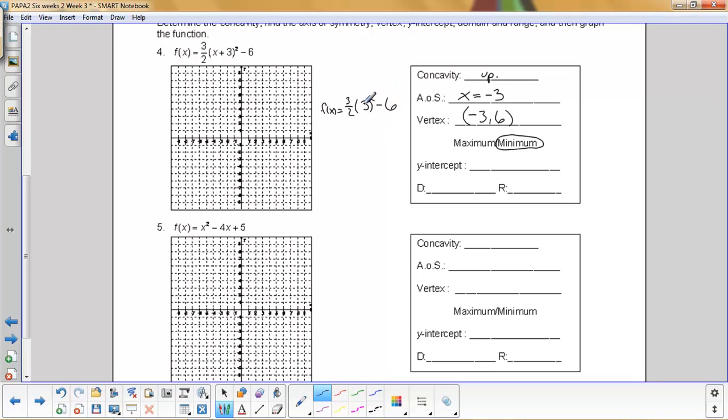So we're going to do 9 times 3, which is 27. 27/2 minus 12/2.